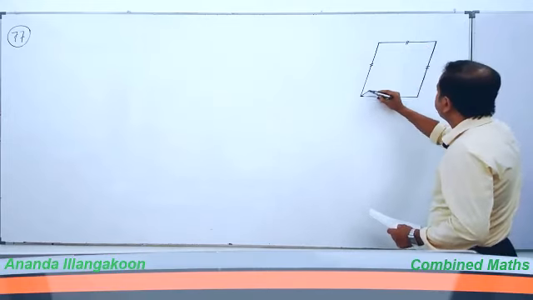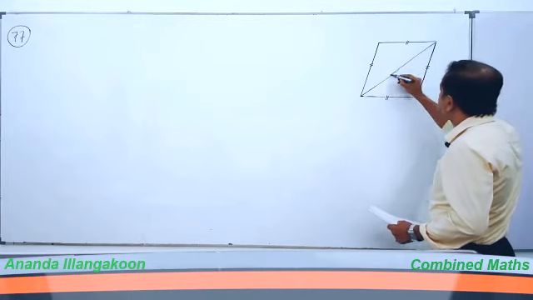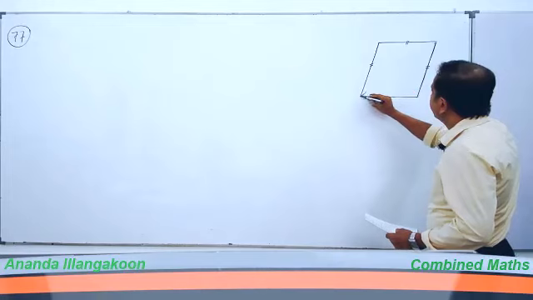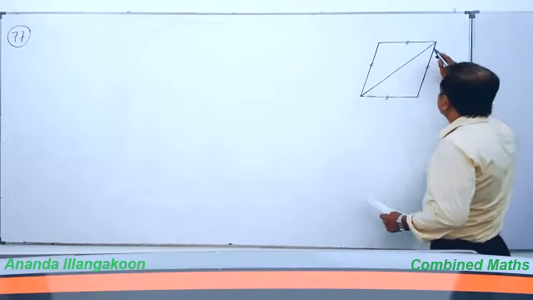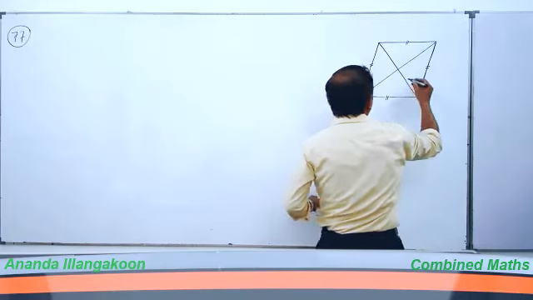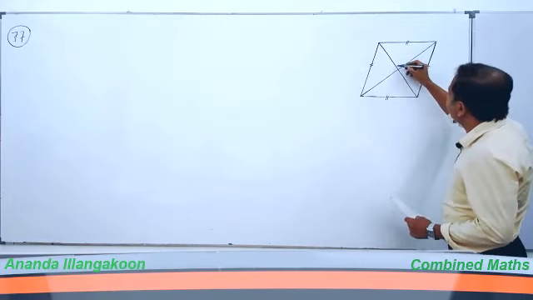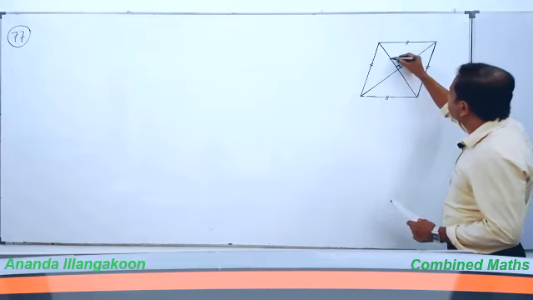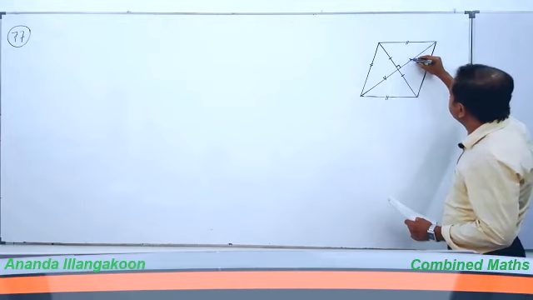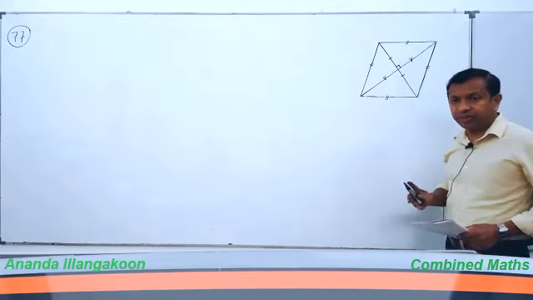And these diagonals, when we draw the two diagonals this way, the diagonals bisect each other at right angles. This length and this length are equal, and this length and this length are separately equal.